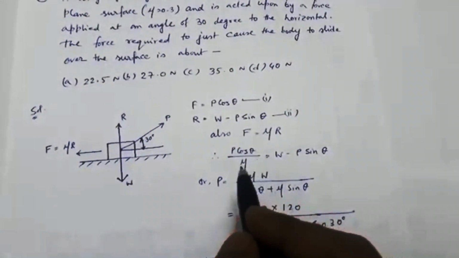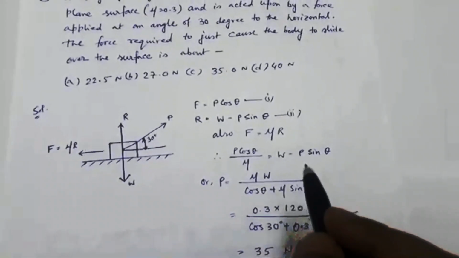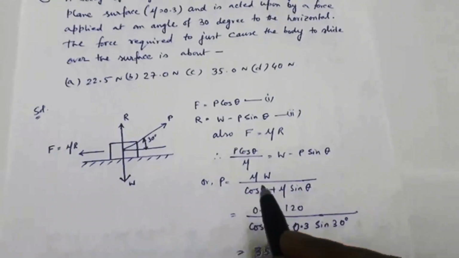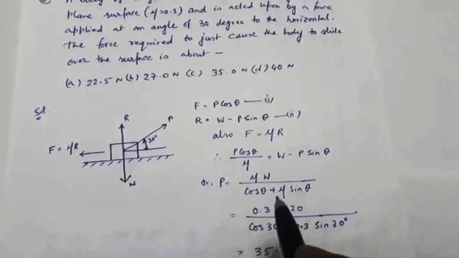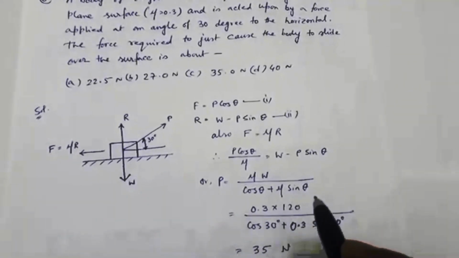So P cos theta by mu equal to W minus P sin theta. So to find the force, P equal to mu W by cos theta plus mu sin theta.